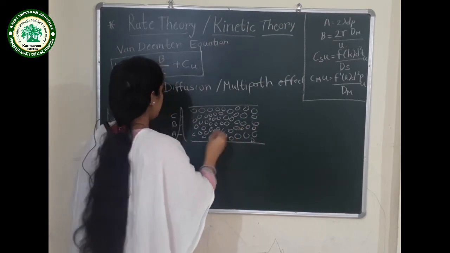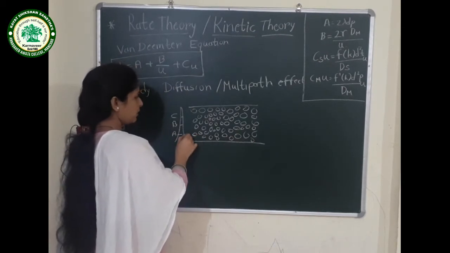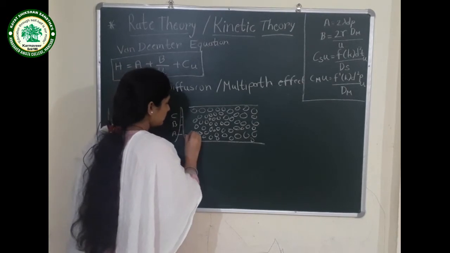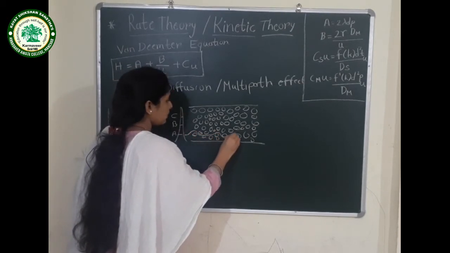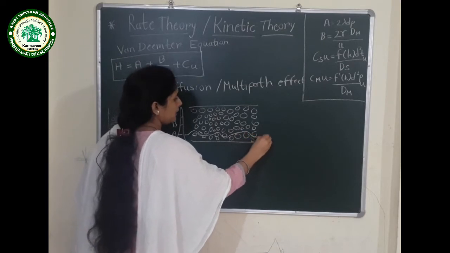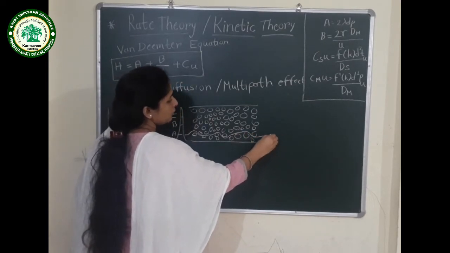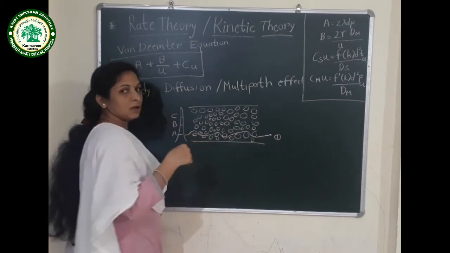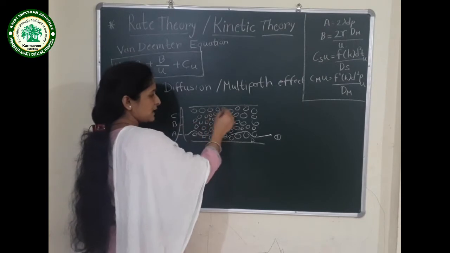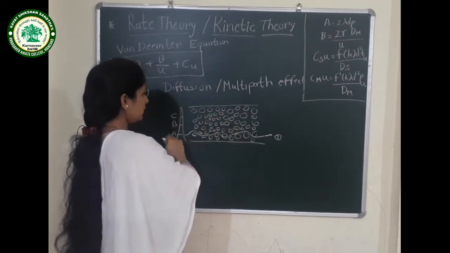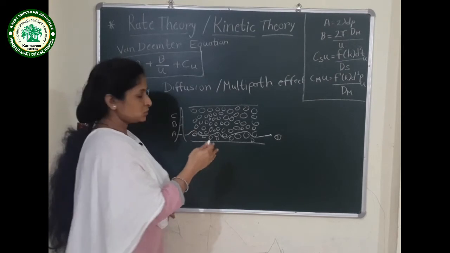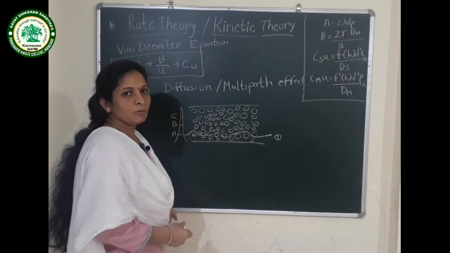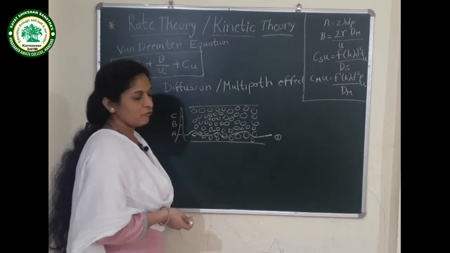Now what happens here? This A travels with one path. Look at this diagram. And it reaches and is eluted first. Now B travels on another path, because as there are various vacancies, when the mobile phase along with the solution runs over these stationary phases, each component will travel with a different path.